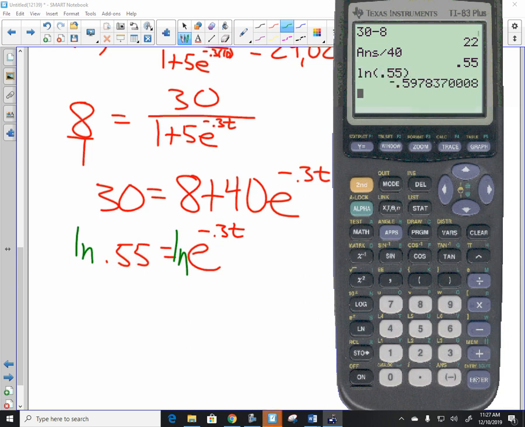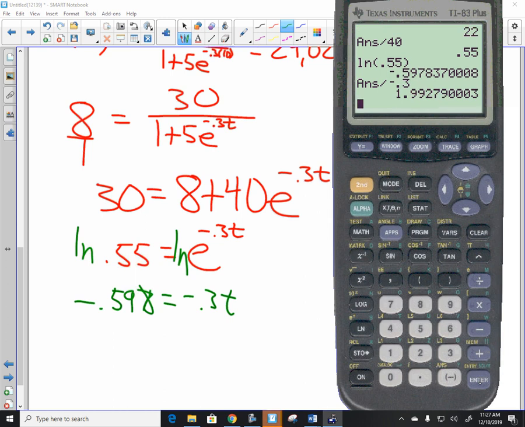I do not have that one memorized. Looks like it's negative 0.597 or 8, whatever, is equal to negative 0.3 t. Divide by negative 0.3. 1.99 is equal to t. So 1.99 years before it reaches 8,000. What do you think of that?